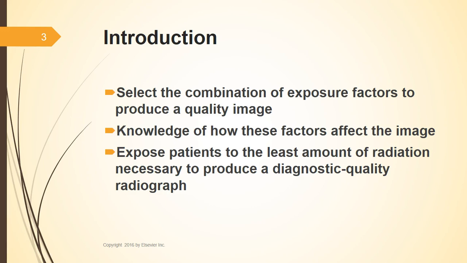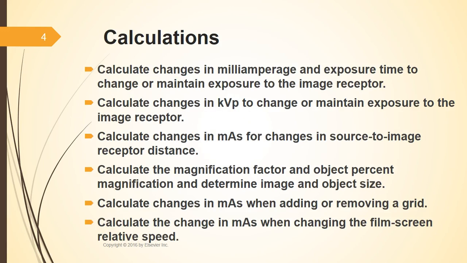We're going to discuss primary and secondary factors and the effects of that radiation reaching the IR. We're also going to learn some calculations, and even though I've been hinting that you're going to need to do some math problems, this is something you will definitely have to know.